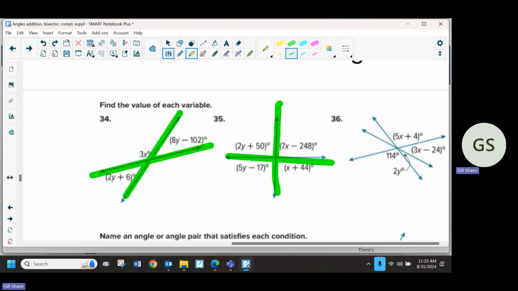There's nothing this complex on the quiz, but just to let you know, this 3x subtract 24 would only be for this angle right here. It does not go anywhere outside the angle. I don't make it that complex on quizzes, the images, but it could happen on the district or state stuff.